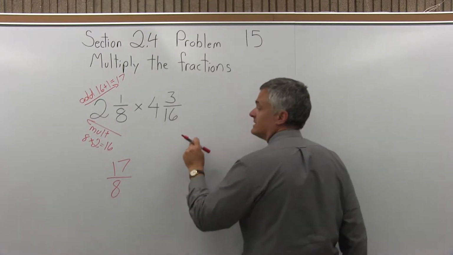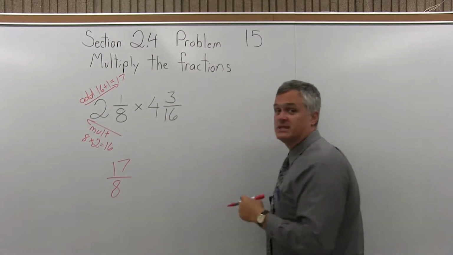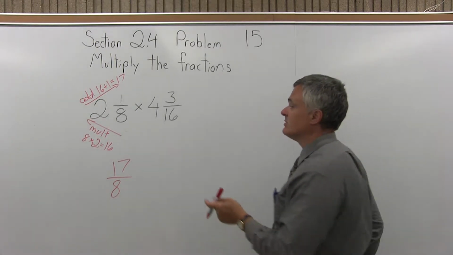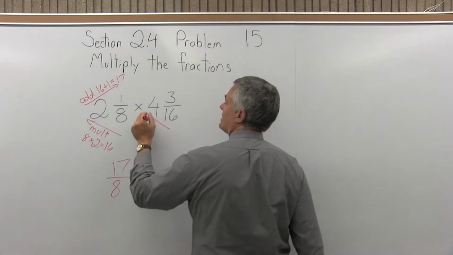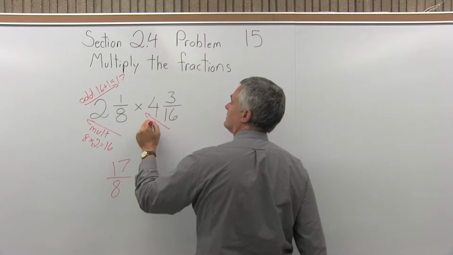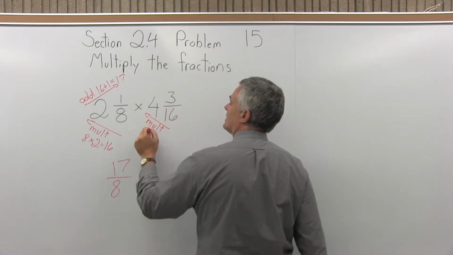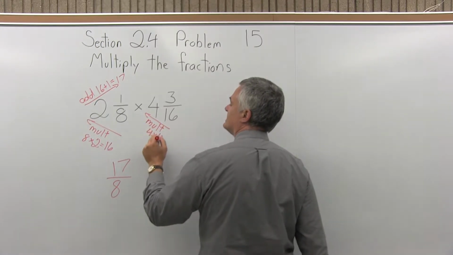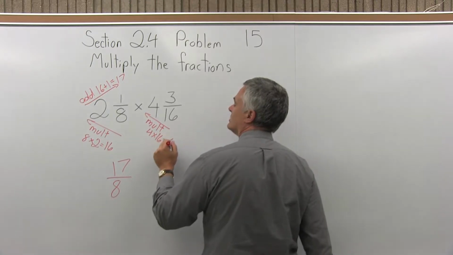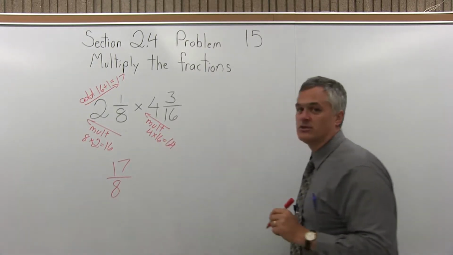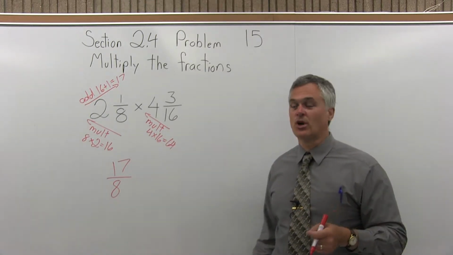Now, the second fraction, 4 3/16, we have to do the same process. We're going to multiply the denominator times the whole number in front. So that will be 4 times 16, which I can do is 64. If you have trouble seeing that, you can just go off to one side and multiply it out the long way.